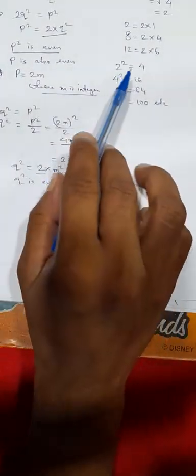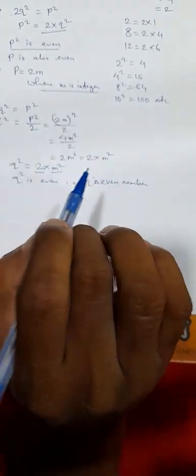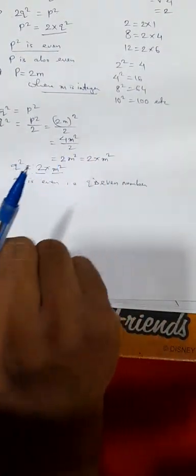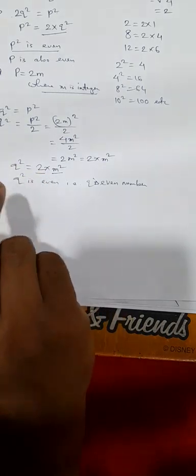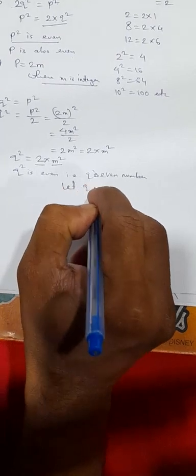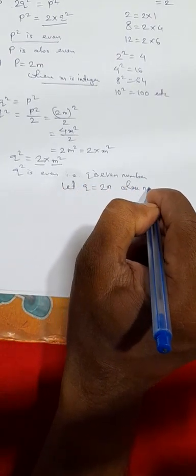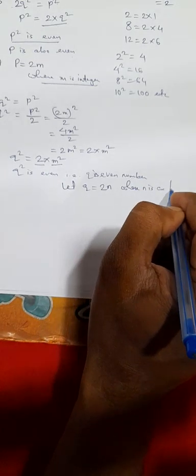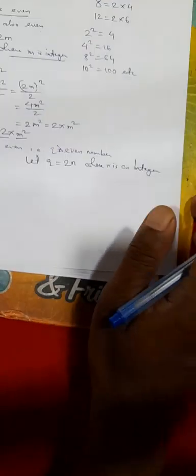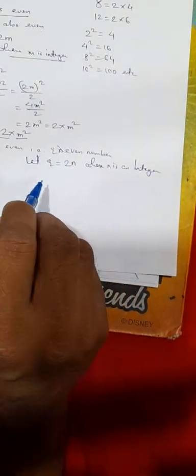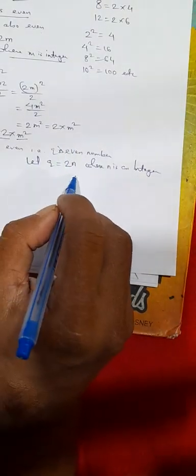If the square of a number is even, then its square root is also even. So if q square is an even number, the square root of q square is q, and q is also an even number. Let q equal twice of n, where n is an integer.